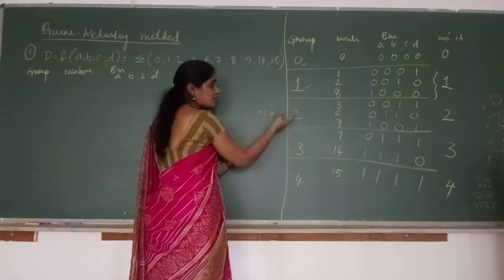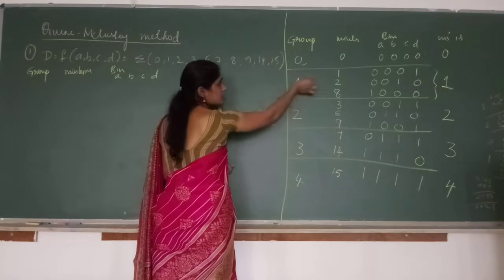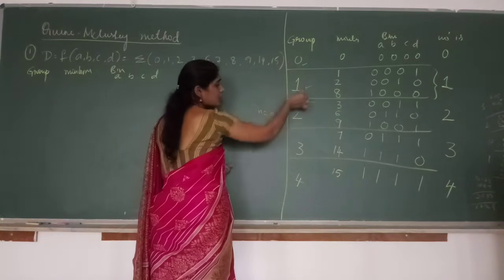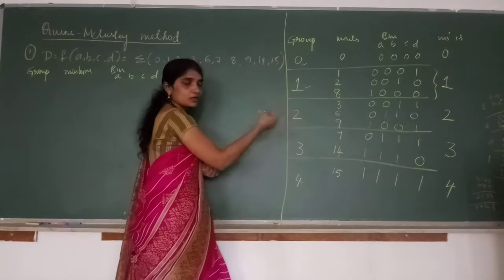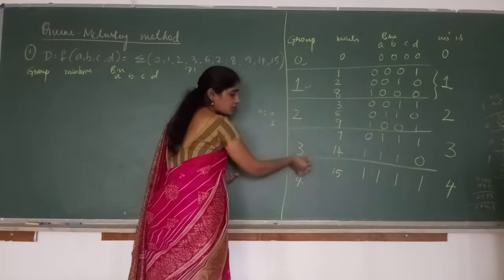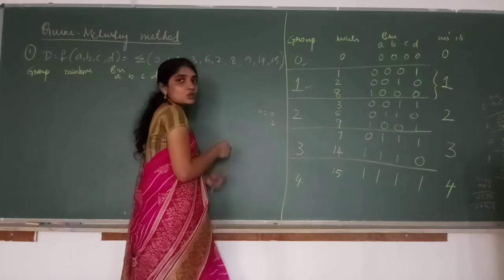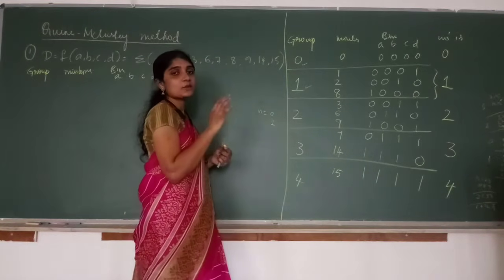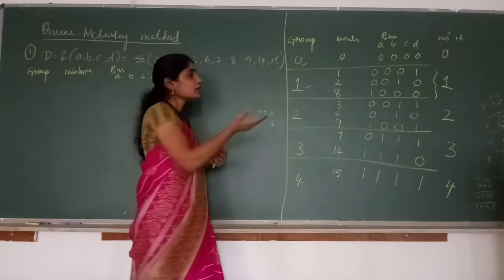If n is 1, what is n plus 1? 2. That means all the min terms present in group 1 are to be compared with group 2. If n is 2, n plus 1 is 3. So compare group 2 min terms with group 3. Similarly, compare group 3 min terms with group 4.